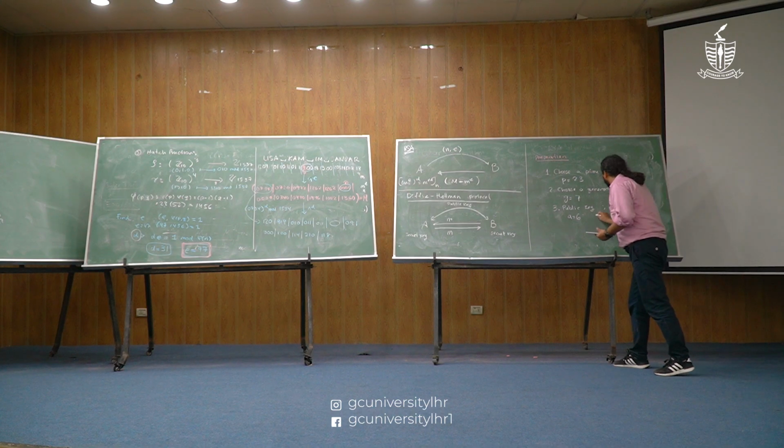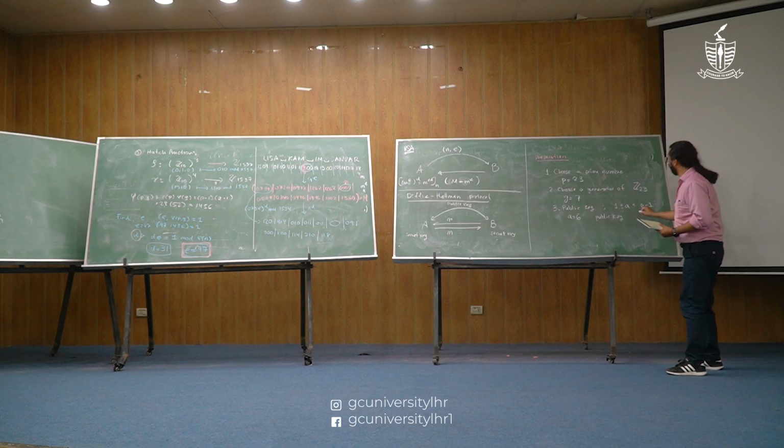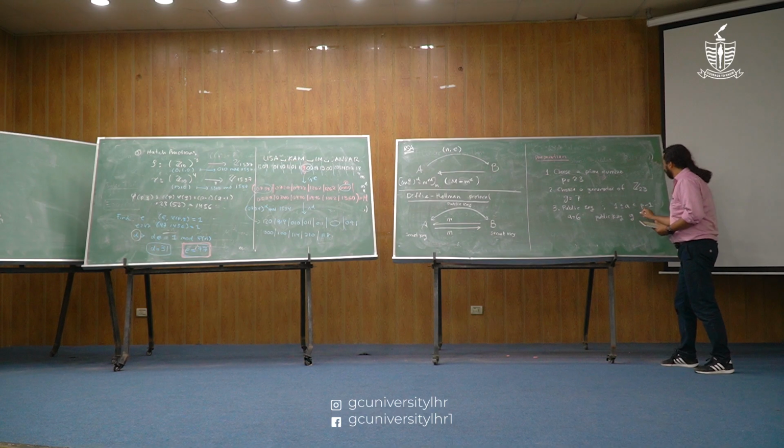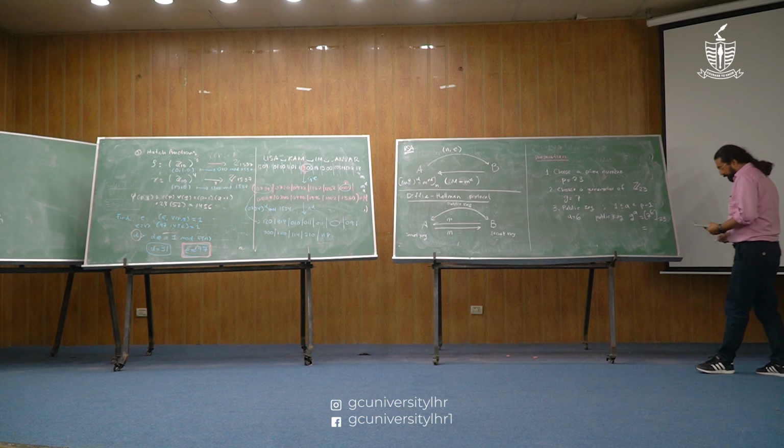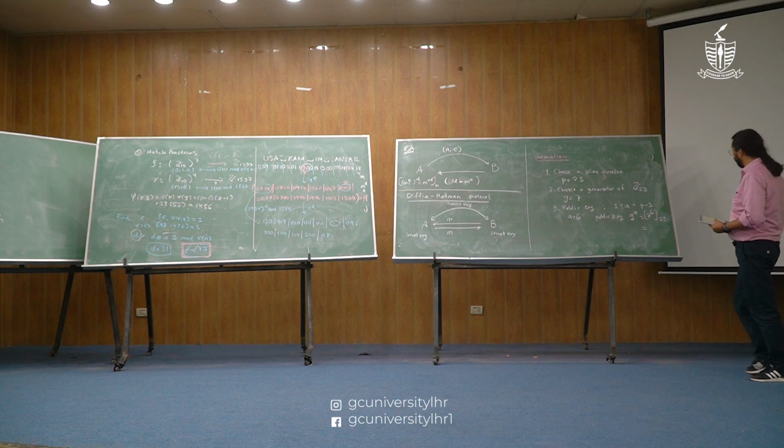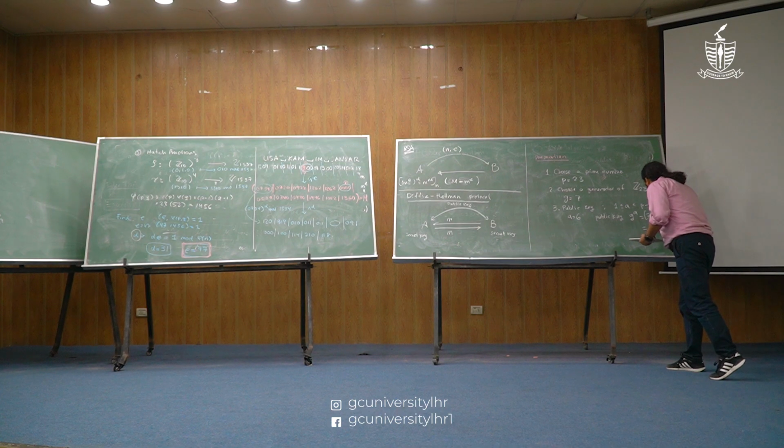So the public key will be G to the A, that in this case is 7 to the 6 modulo 23, that in this case is 4.